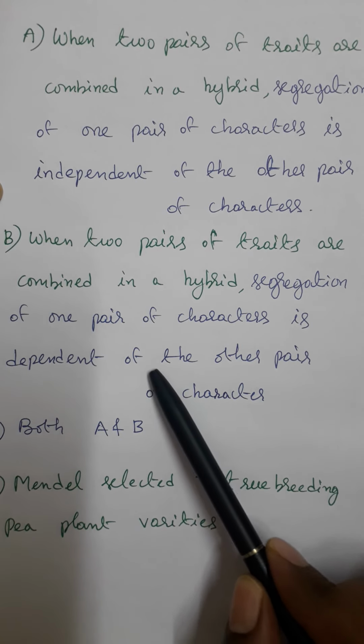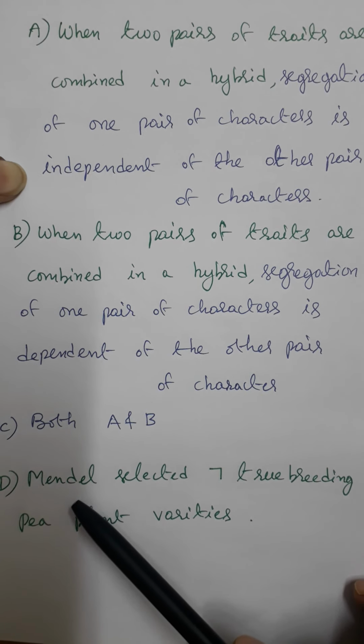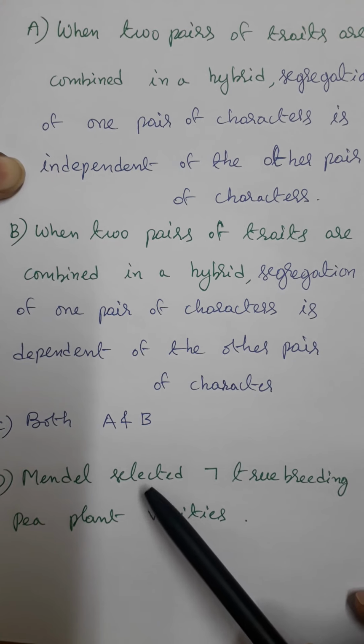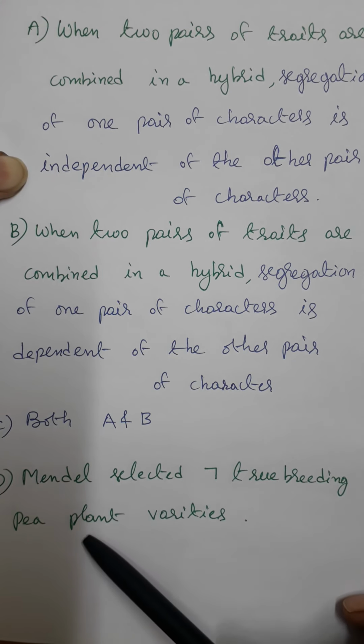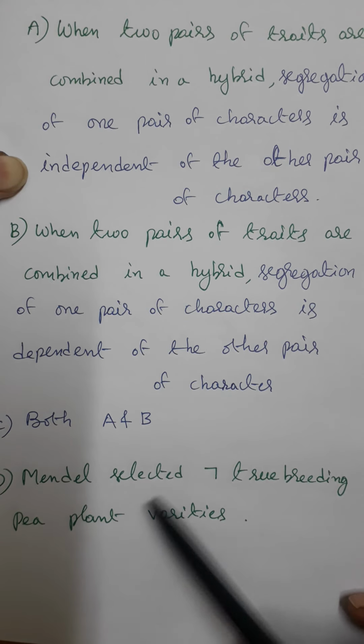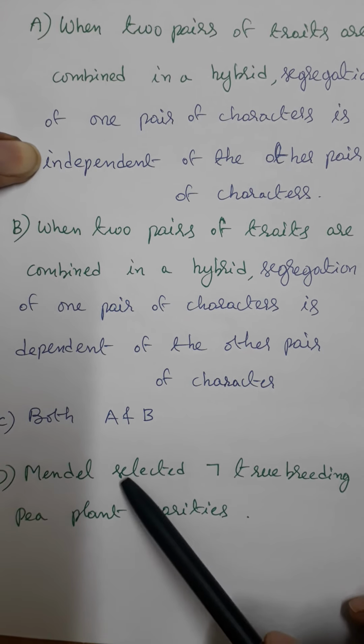So B is wrong. Why is option D incorrect? Mendel selected 7 true breeding pea plant varieties. How many true breeding pea plant varieties did Mendel select? Not 7, 14. Hence it is incorrect.